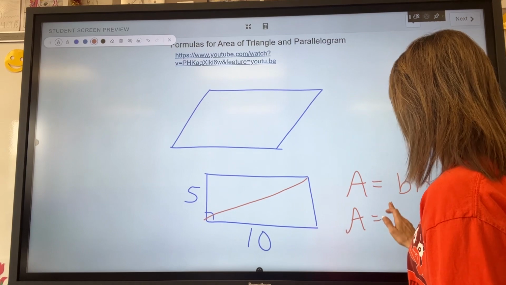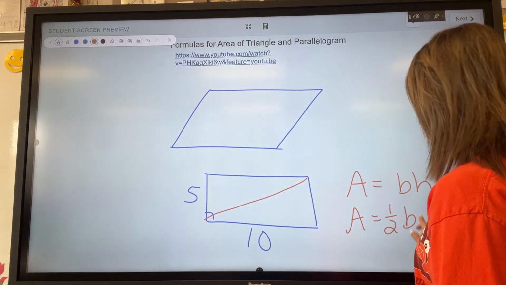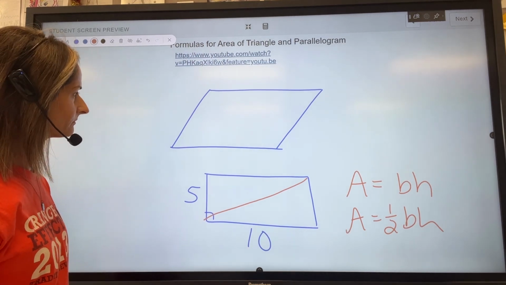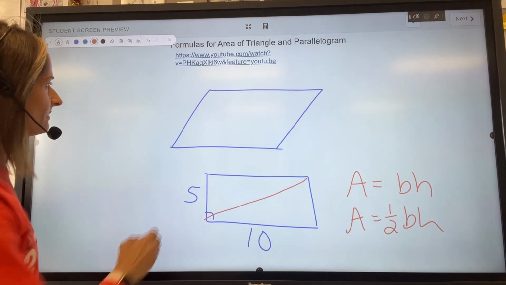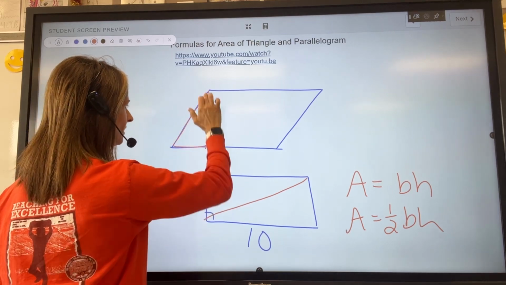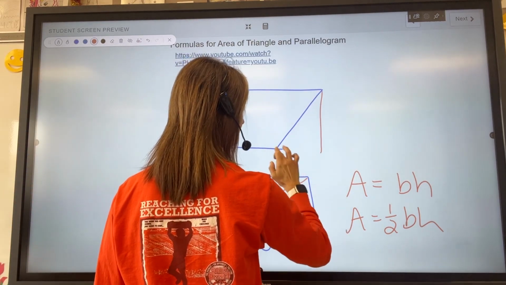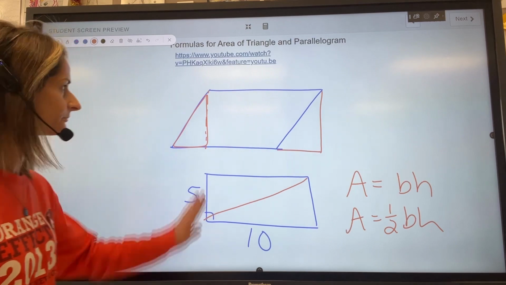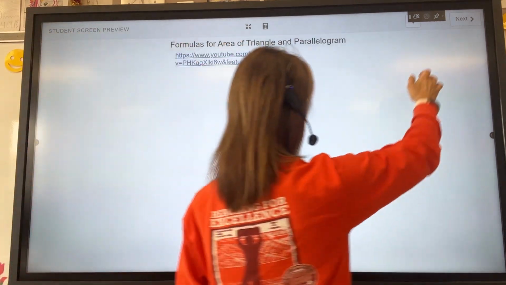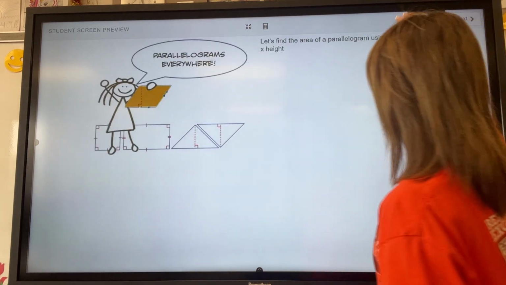That's where the 1/2 comes from. 1/2 base times height. And that's what this video is explaining. And they actually show you, if you draw the height here and cut this triangle off and put it over here, it makes a rectangle. All right, and we'll watch that after I finish recording.